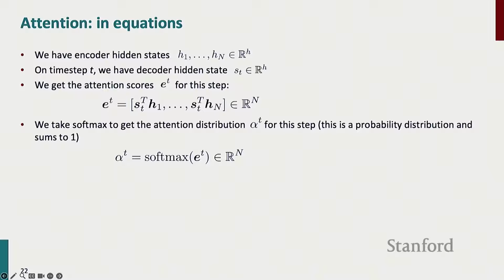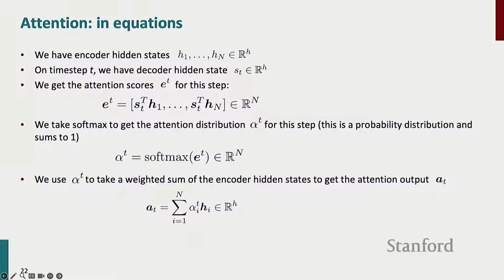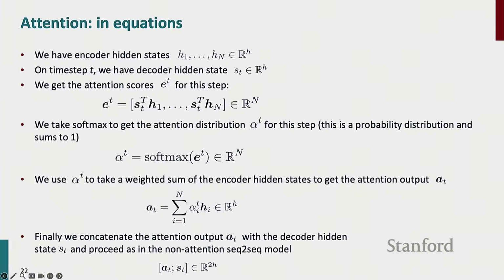Then we calculate the weighted average of the encoder hidden states, with the obvious equation: the weighted sum of the hidden states of the encoder based on the attention weights. Then we concatenate our attention output and the hidden state of the decoder, giving us a double length vector, and we feed that into producing the next word from the decoder.